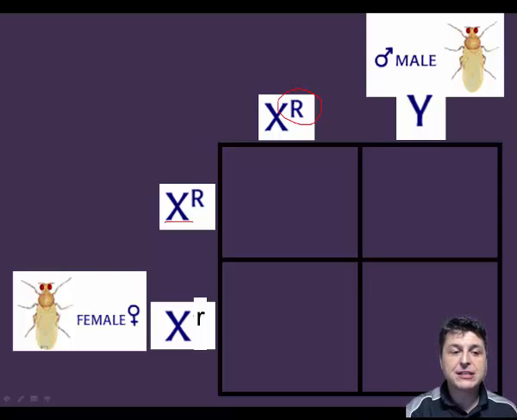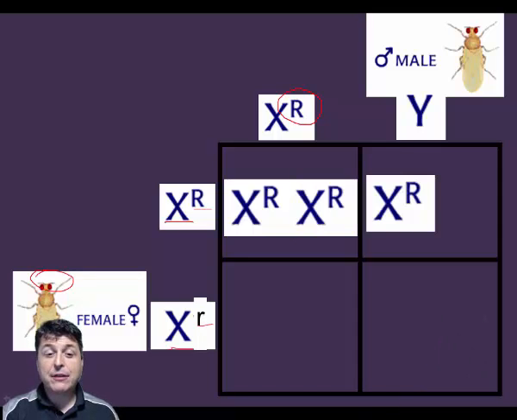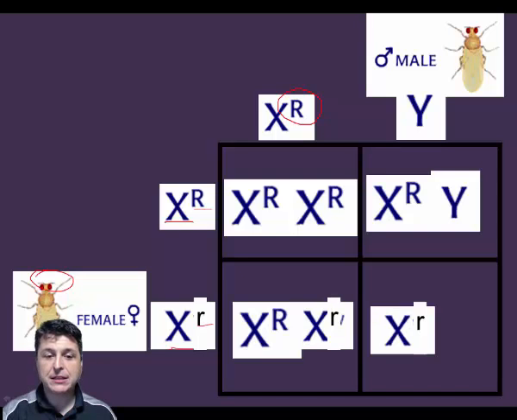The female receives two X chromosomes. And if it is a carrier for the red eye trait, we would have a red eye gene, which allows them to be red eyes, and then it would carry the white eye trait. So when we allow them to cross, you have four different possibilities.